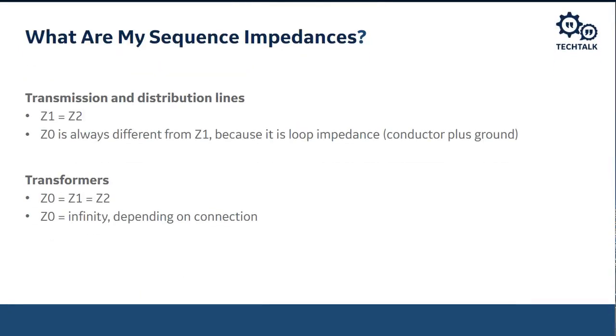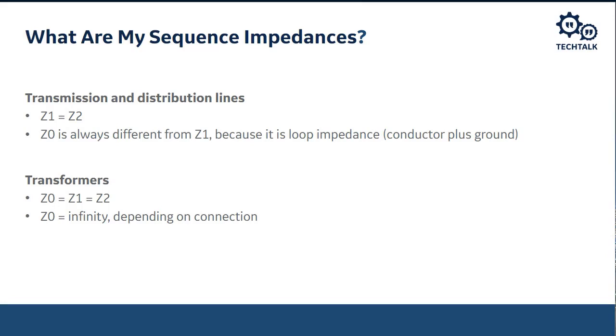Well, for transmission and distribution lines, Z1, the positive sequence impedance, equals Z2. Z0, the zero sequence impedance, is always going to be different from Z1 because it is a loop impedance, right? It's going to be the conductor plus the ground.